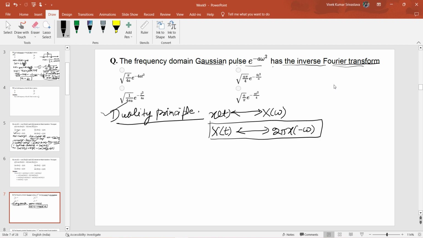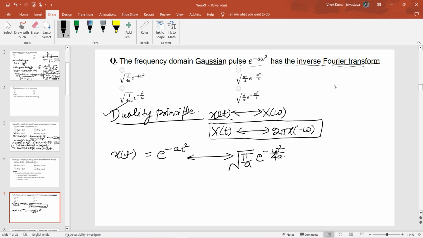But before that, we have to check x(t). Here we take x(t) as the Gaussian pulse in time domain, which is e raised to the power minus a t square. Corresponding to this function we already know that the Fourier transform is root over pi by a e raised to the power minus omega square by 4a.